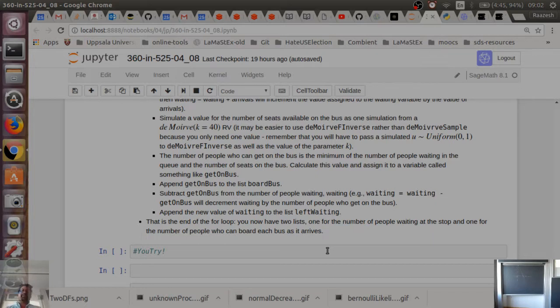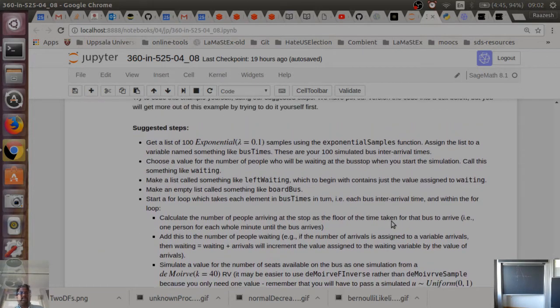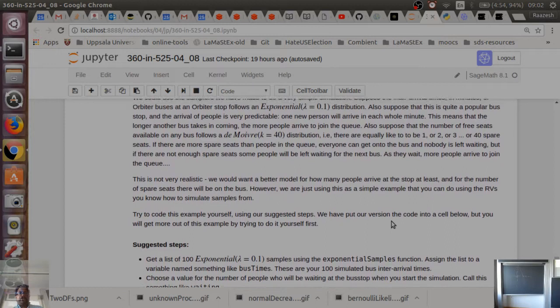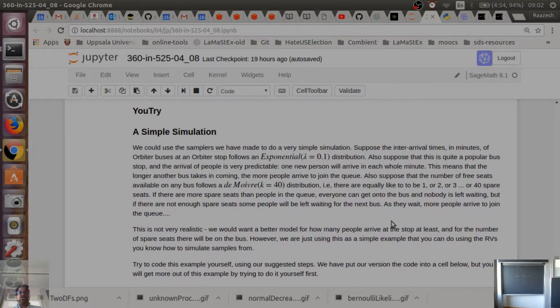This one's another good one as well because it mixes all these different little things. So what is the plan here? It's a simple simulation. The buses are arriving at a bus stop with an inter-arrival time of 10 minutes, so the rate is 1/10. Every 10 minutes on average buses arrive, with an exponential distribution between arrivals.